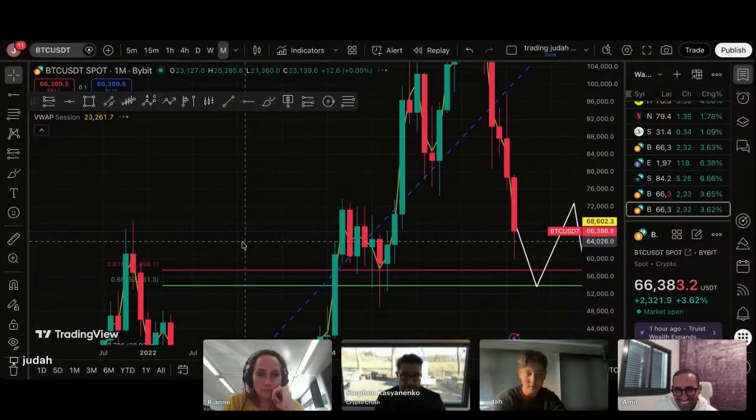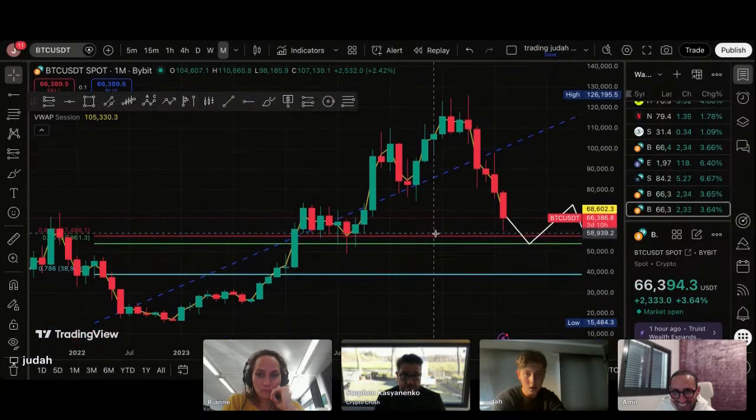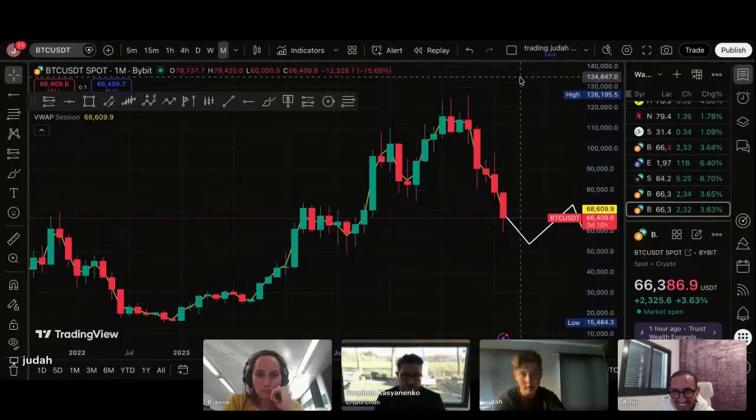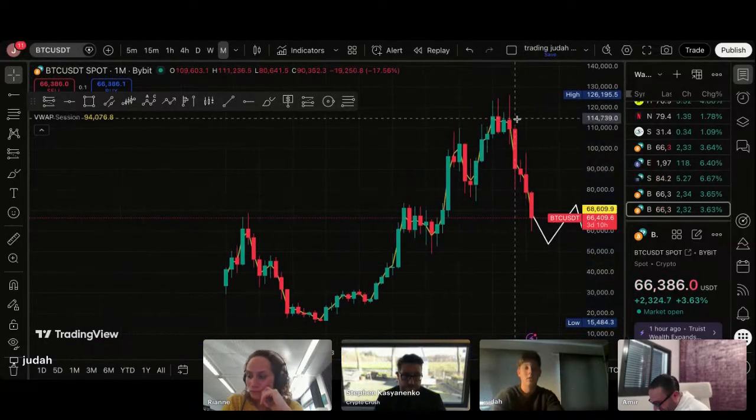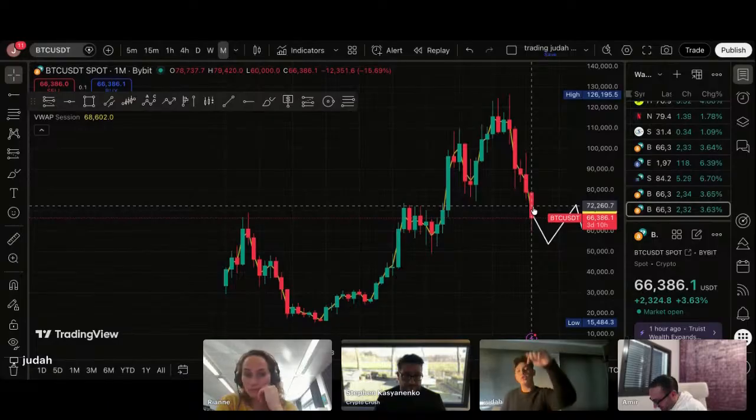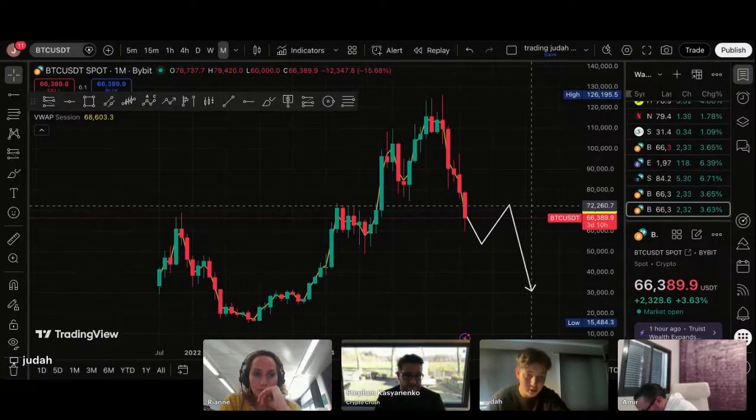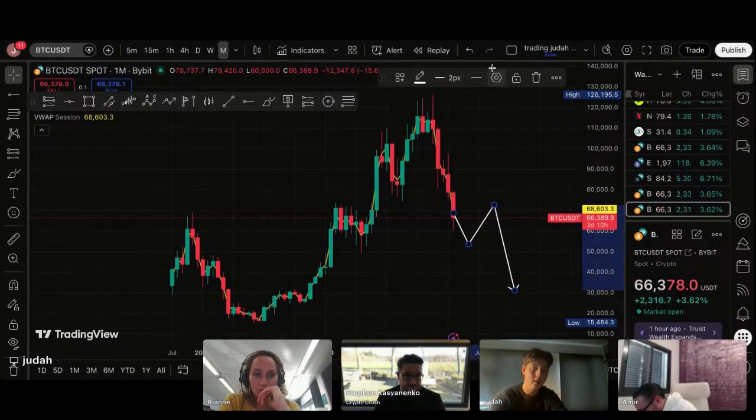I also had something interesting on Bitcoin where we can expect a bounce. We are in a bear market, but it's just going down in a straight line, and that's unusual. I think we're going to see some type of relief rally.